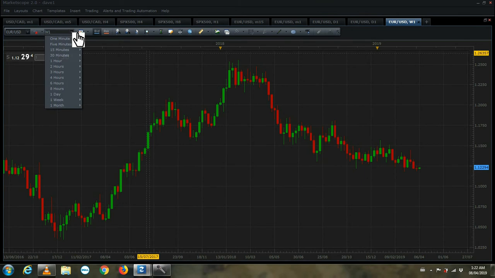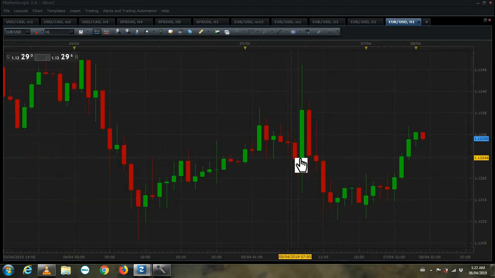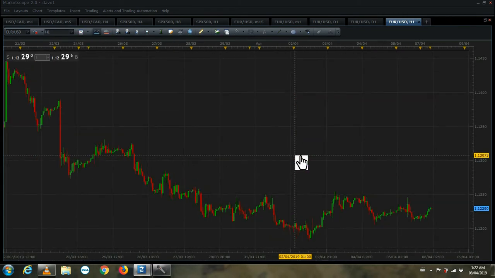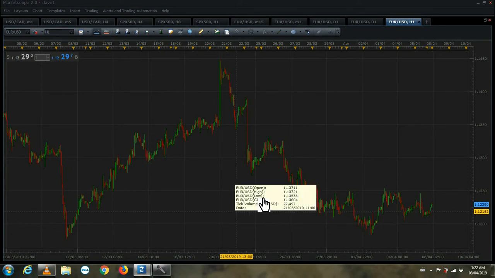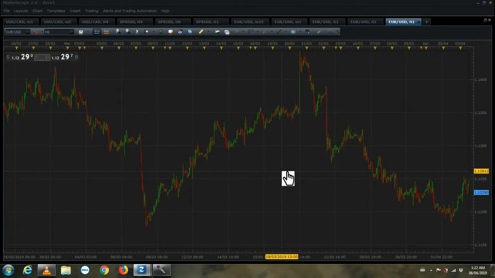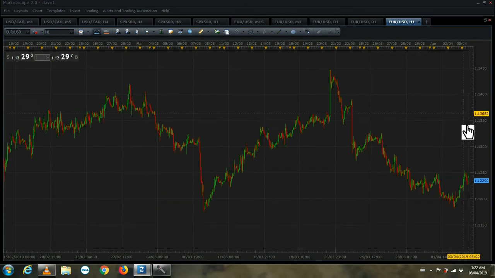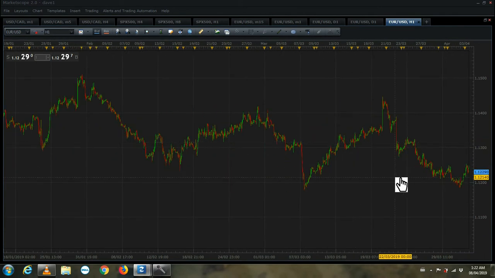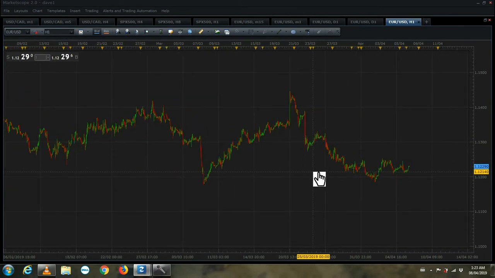Now let's go to the hourly. These 4 hours and 8 hours are pretty much the same thing. I'm just not going to use them as often as I would use a daily, a 1 hour, and a 15-minute chart, because you're going to get price movements per day, and then at the end of the day at 4:30 everything closes.